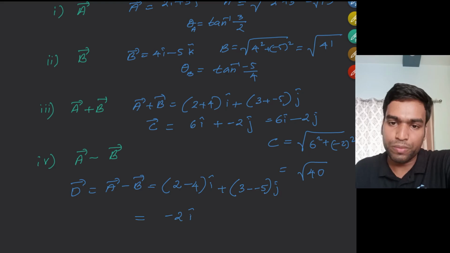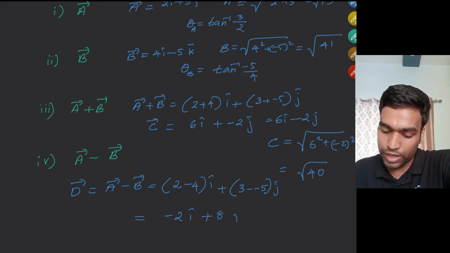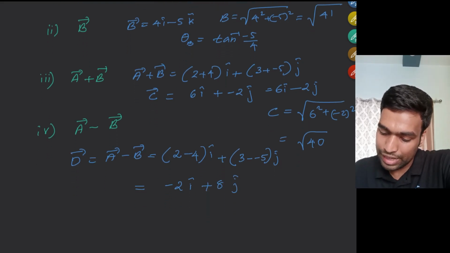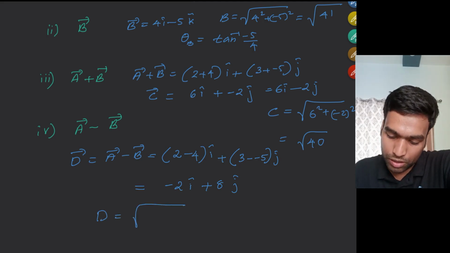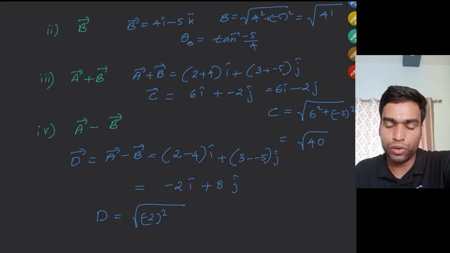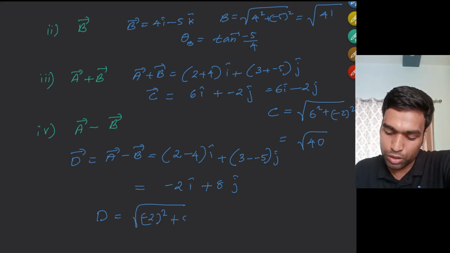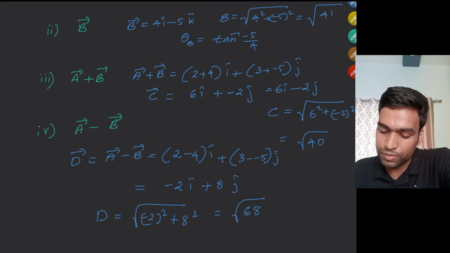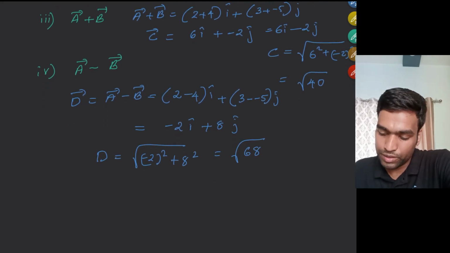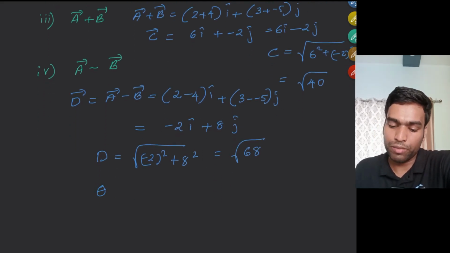So the resultant will be negative 2 i cap plus 8 j cap. How to find the magnitude? D equals square root of x component square plus y component square. So negative 2 square plus 8 square will be square root of 4 plus 64, so square root of 68. That will be the magnitude of a minus b.